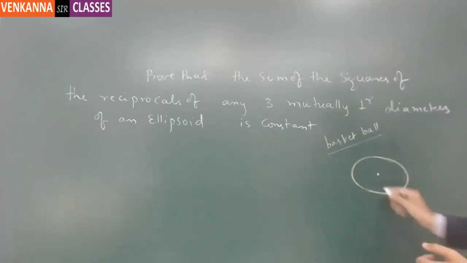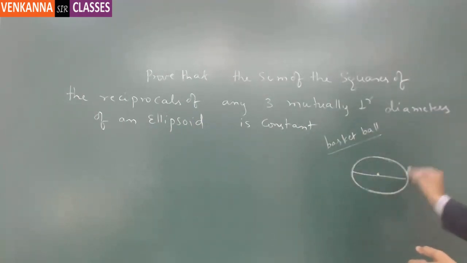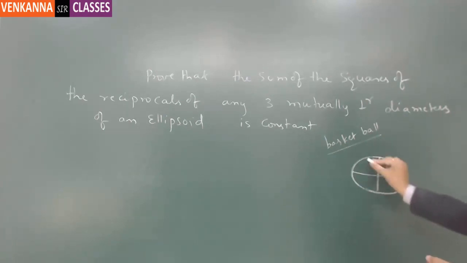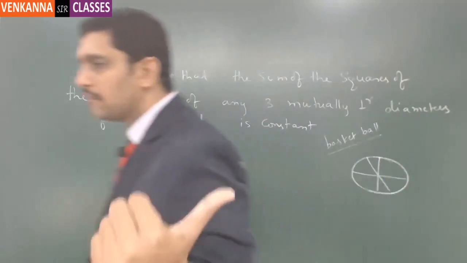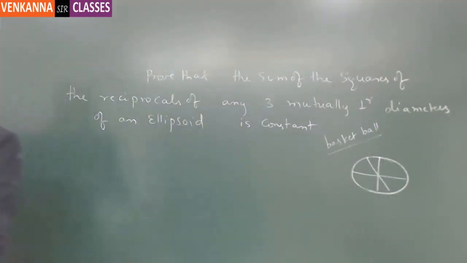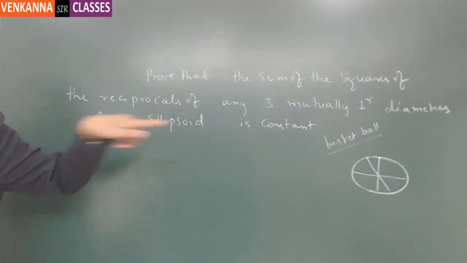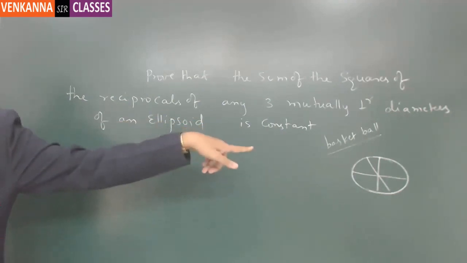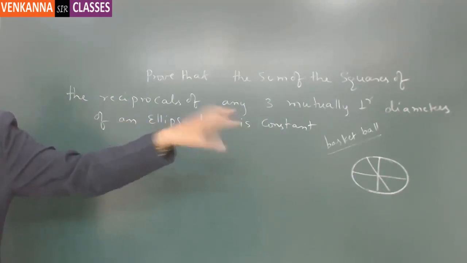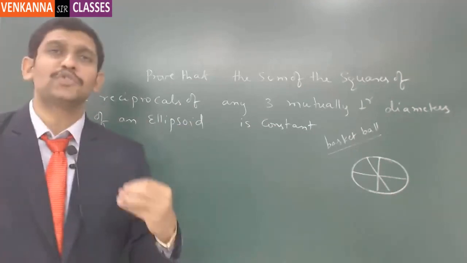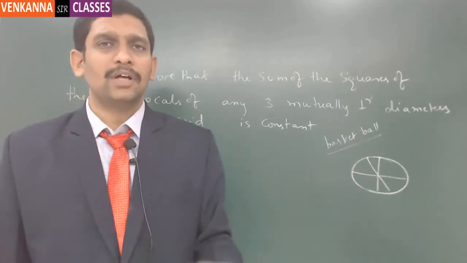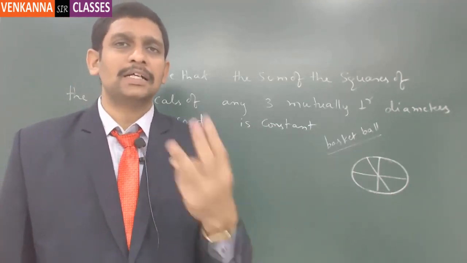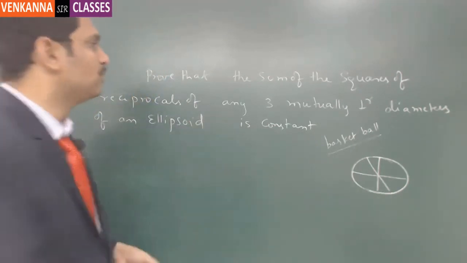So you have three lines here. Every line passing through the center, every chord, we call it a diameter. So there may be so many diameters. Among that, I am considering three diameters which are mutually perpendicular.